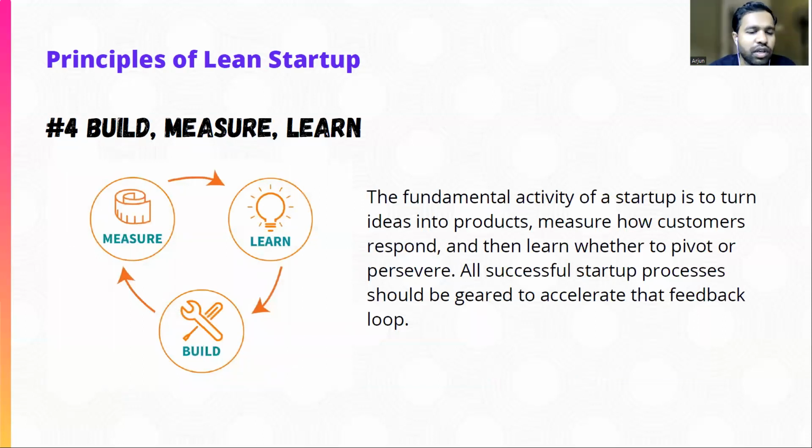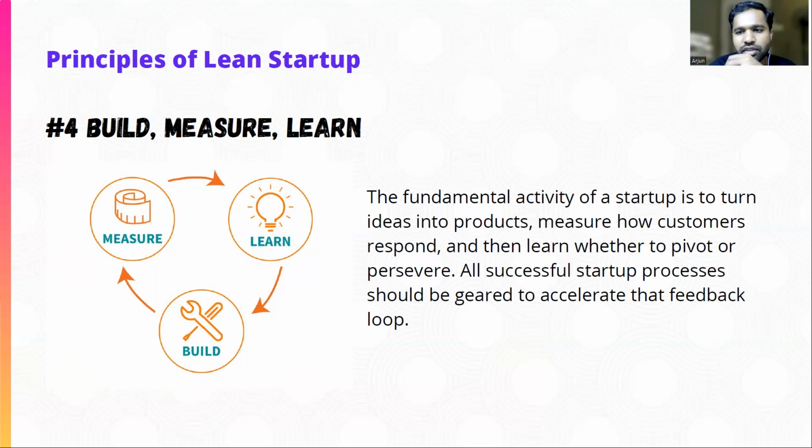Now let's see what the lean startup method itself is. It is very, very simple, just three steps: build, measure, learn. As I told before, every startup, or even every bigger company, exists because they had some idea and converted that idea into a product or service, and they sell it to customers.